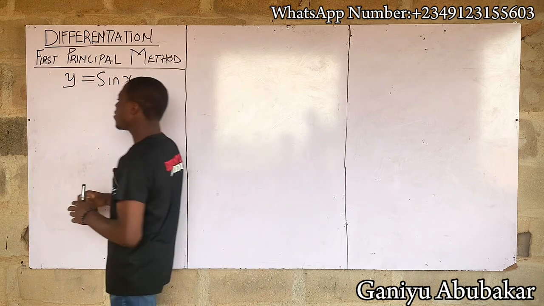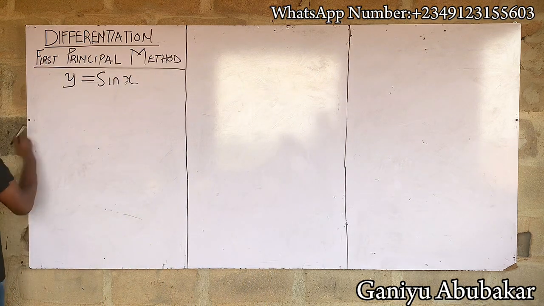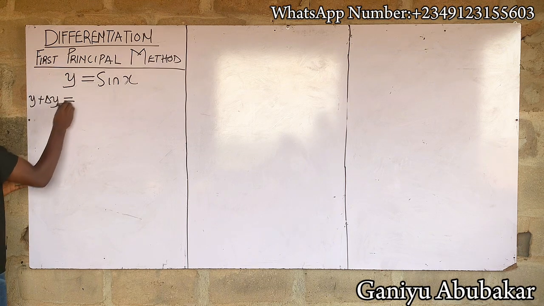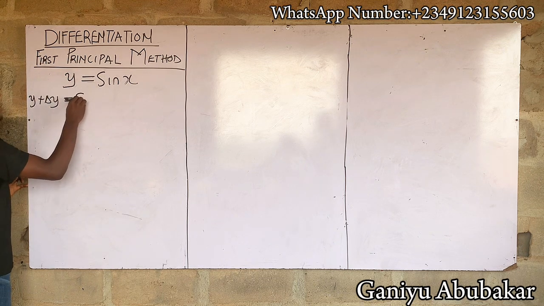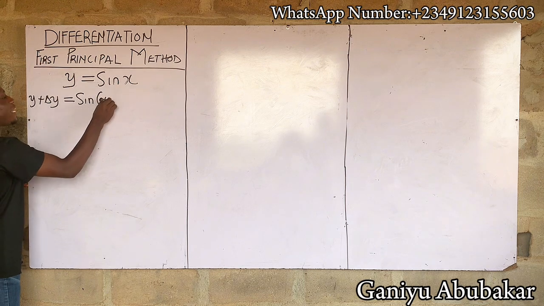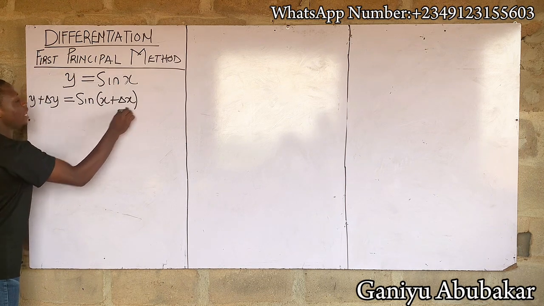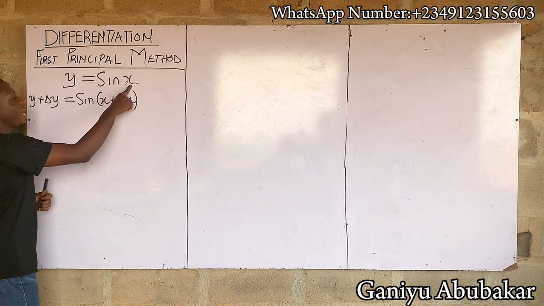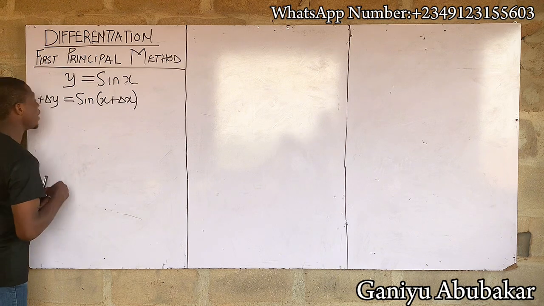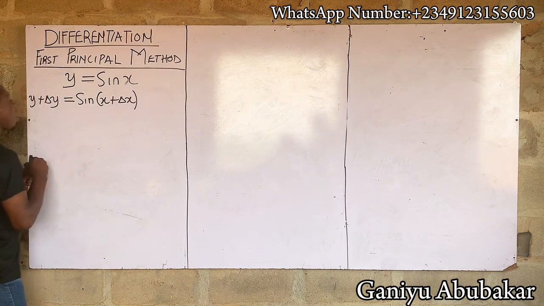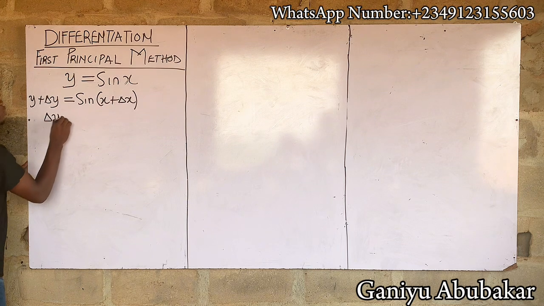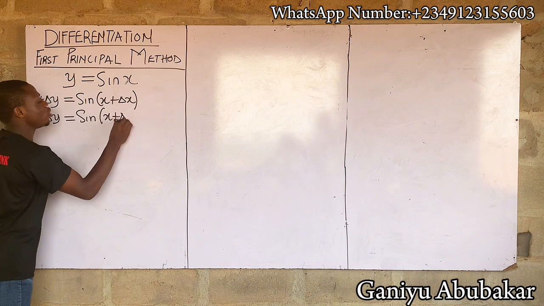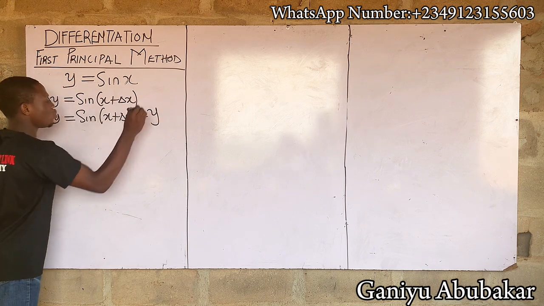The very first task here: y plus change in y is equal to sine of x plus change in x. So I'm saying y plus change in y, x plus change in x. At this point, I'll take this y to the other side. I'll have that change in y is equal to sine of x plus change in x minus y.